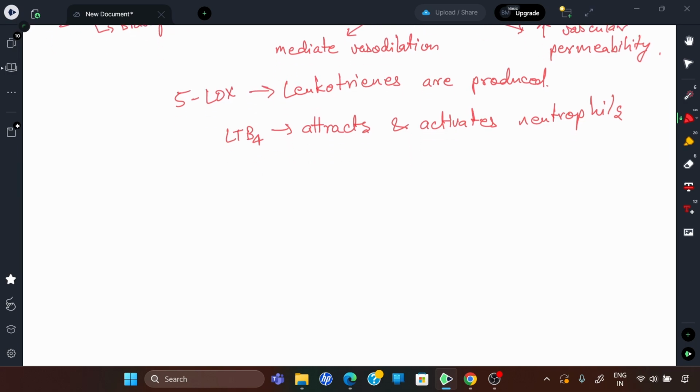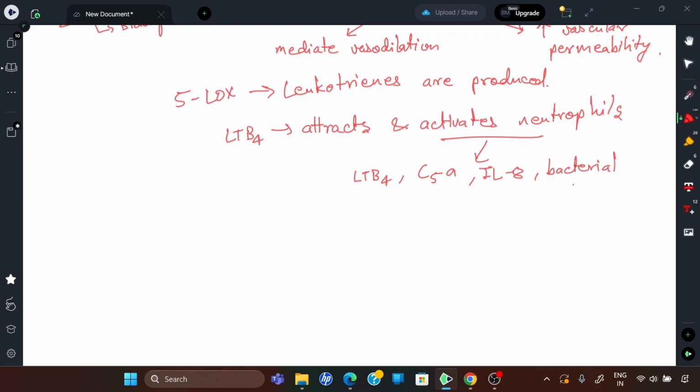And here is another important note which you need to remember: activation of neutrophils is done by 4 things, right? The first one is LTB4. The second is the complement protein C5a. The third one is IL-8, interleukin 8, and the fourth one is bacterial products.